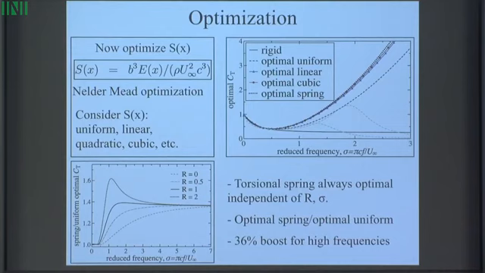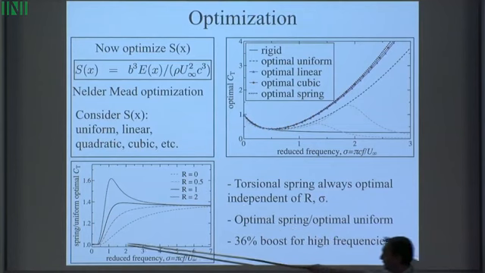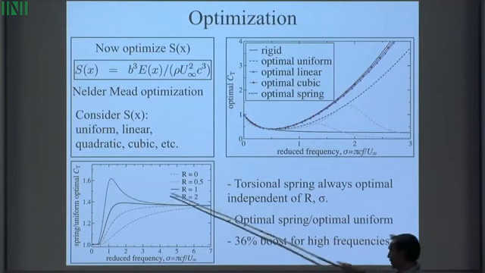And this picture just further elaborates on that. Here I'm showing you the thrust from the optimal torsional spring versus the optimal uniform distribution, the ratio of those two thrusts. And that ratio is always larger than 1, which means the torsional spring is always winning. As it depends on this mass ratio here, you see differences in the curves.